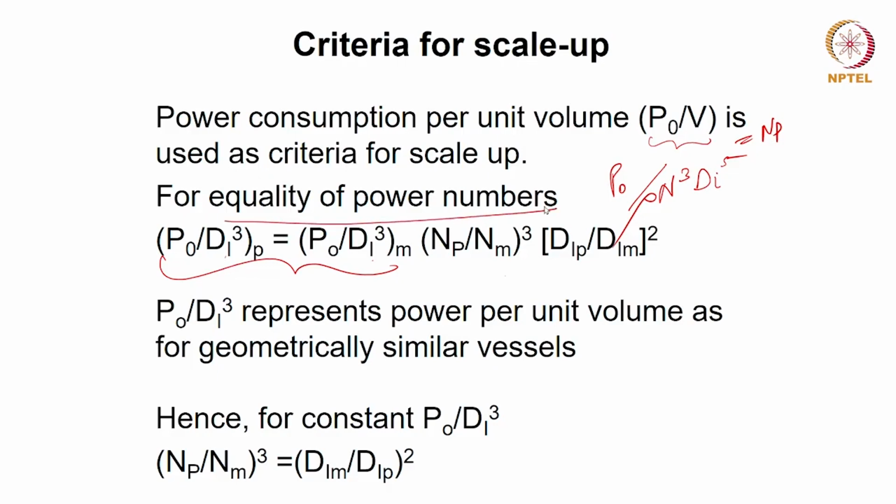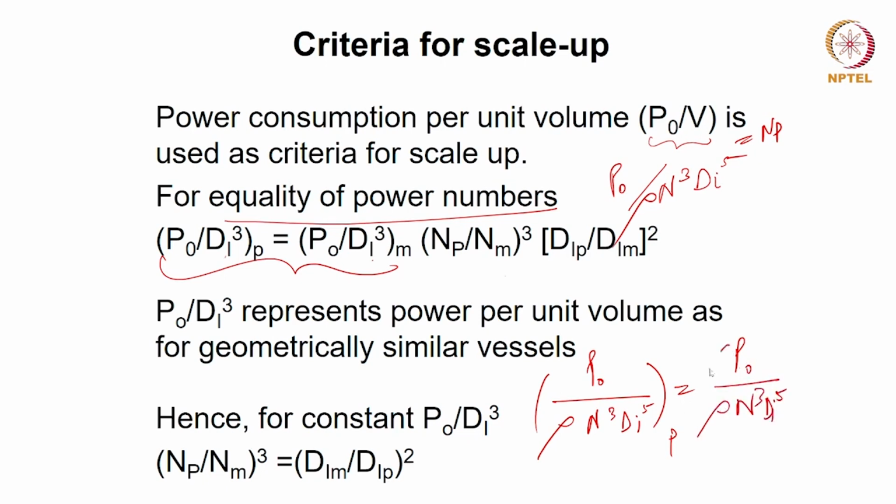So equality of power number is to be achieved. So then your P0 rho N cube Di to the power of 5 at the prototype is equal to P0 rho N cube Di to the power of 5 at the model type. Density is the same, so it can be cancelled.